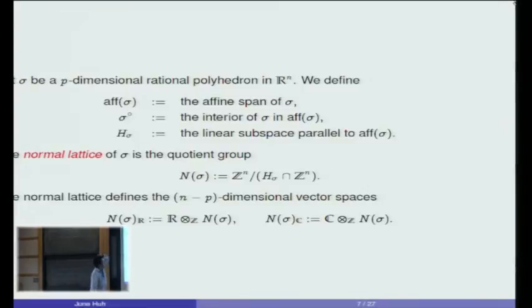And if you have a rational polyhedron, then you have the affine span of the rational polyhedron, and the interior of the rational polyhedron, and it defines a linear subspace parallel to the affine span.